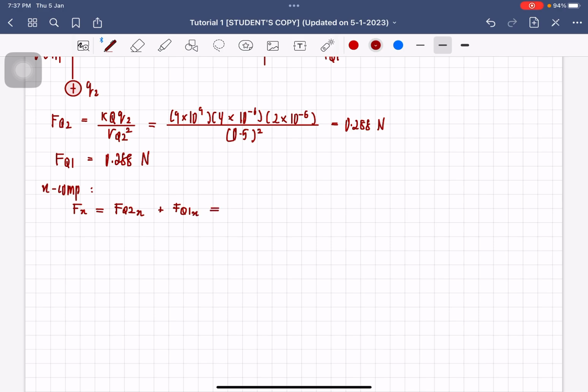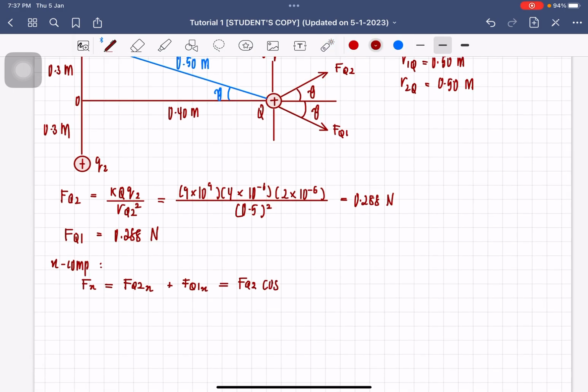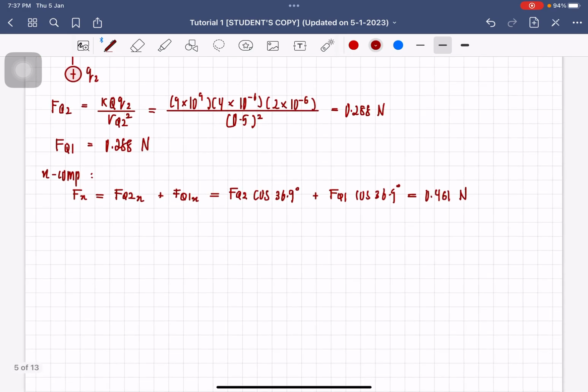So this is equal to FQ2, and since we want the x component, we multiply by cos theta. So this is cos 36.9 degrees plus FQ1, which is also cos 36.9 degrees. So this will give you 0.461 Newton.